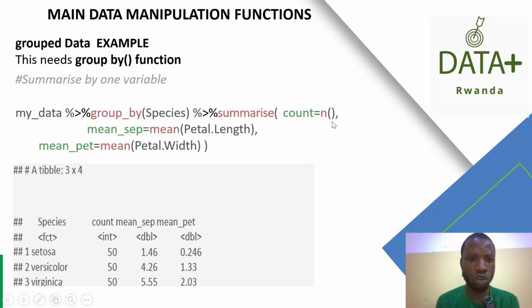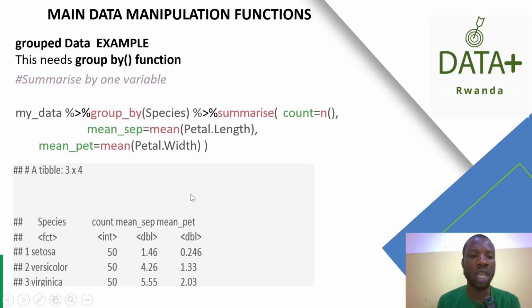And not only this, but you can also calculate the mean of sample range, where you put the comma, you put the name you want to give the output, then equal mean, you put the original variable, comma. Here I also create the mean of petal width, where it is equal to mean of petal width, but you also have to add a comma and add na.rm equal TRUE.